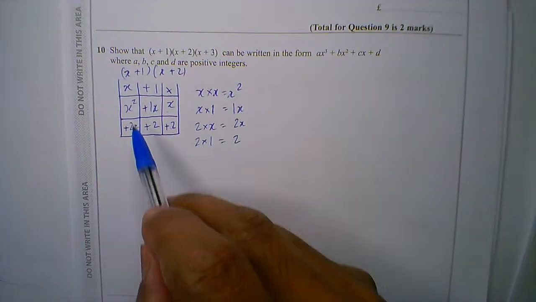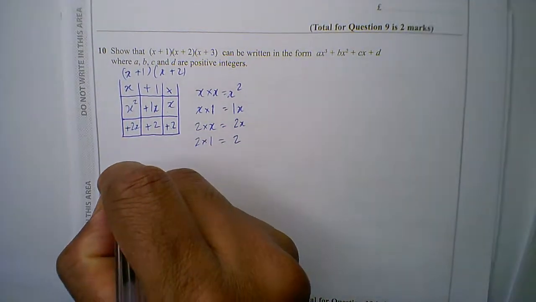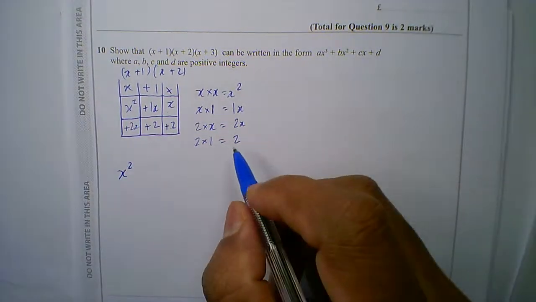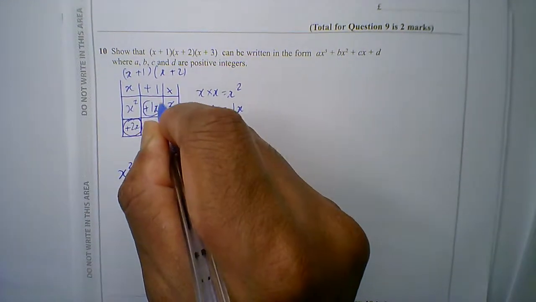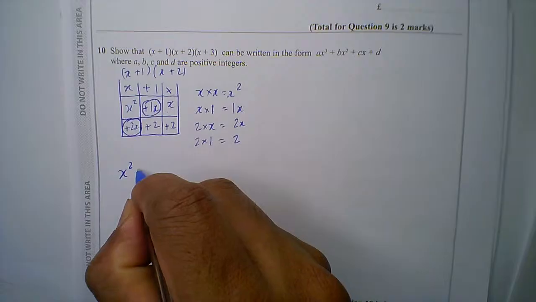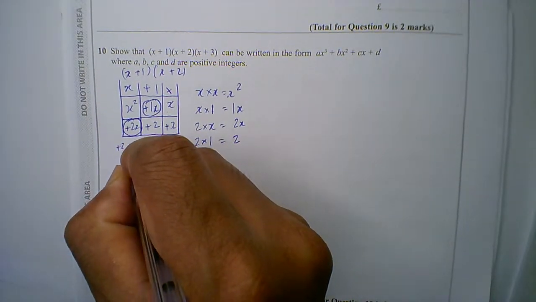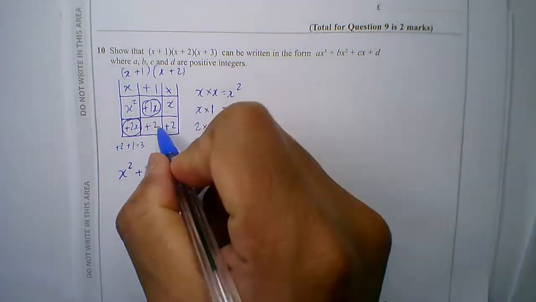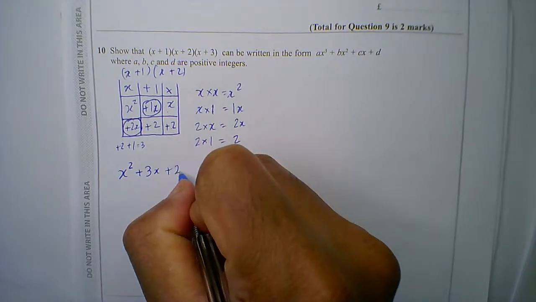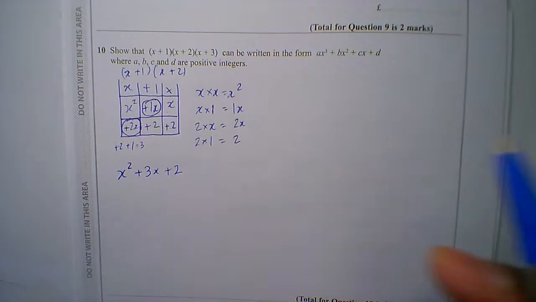And now I can simplify. I've got an x squared term here, this is x squared. And then I've got my x terms, which is 2x and 1x. So that gives me 3x. If you can't see that, 2 plus 1 is 3x. And then I've got the plus 2 term. So I've got x squared plus 3x plus 2.